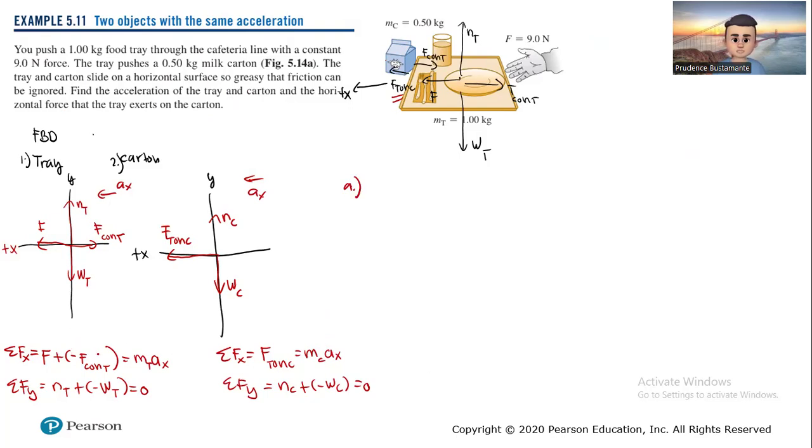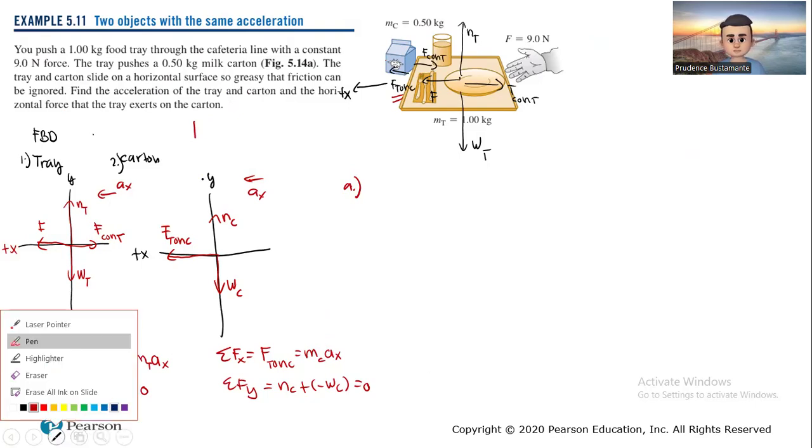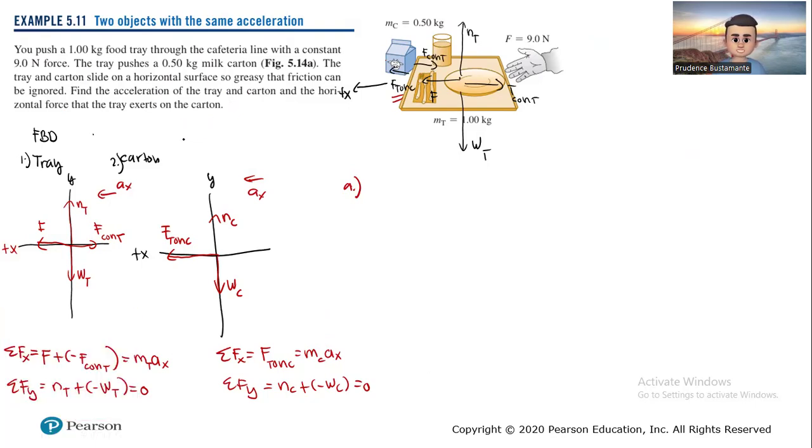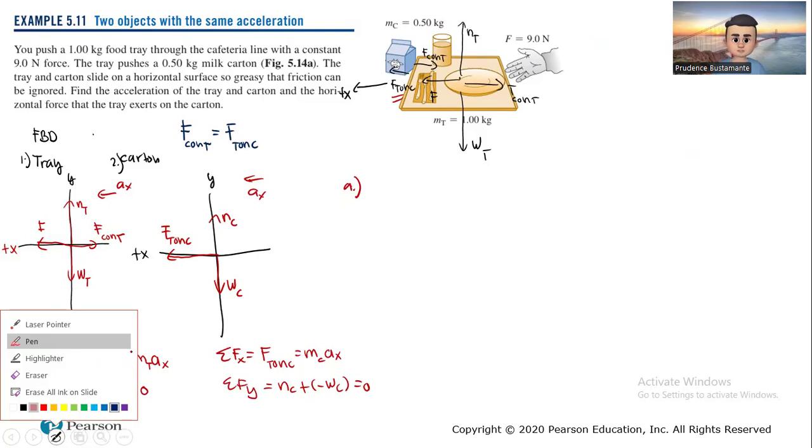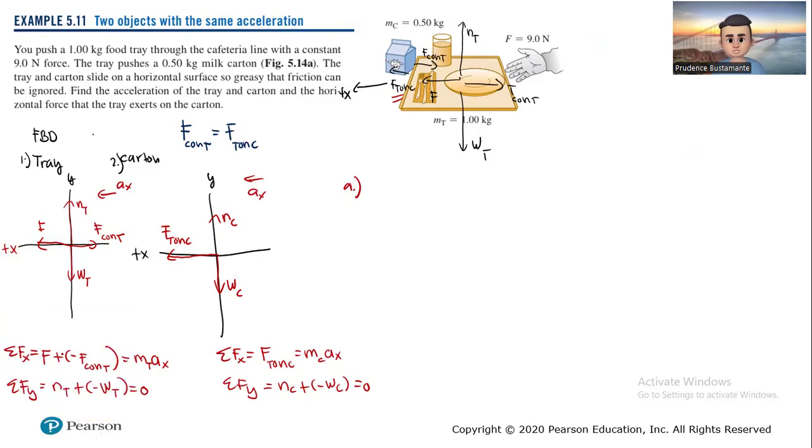If you look at this, we have an action-reaction pair. The force of the carton on the tray is equal to the force of the tray on the carton. You can now use equation 1.